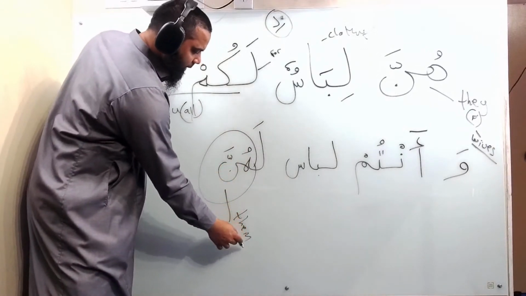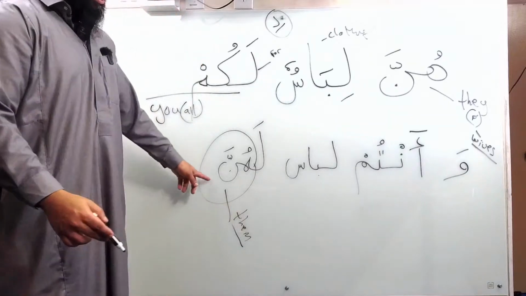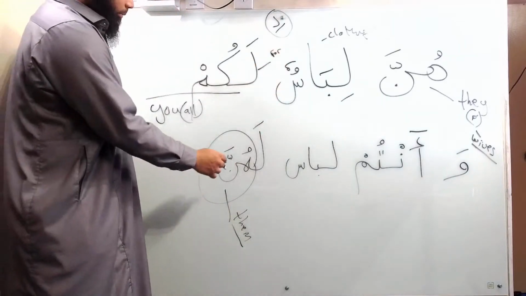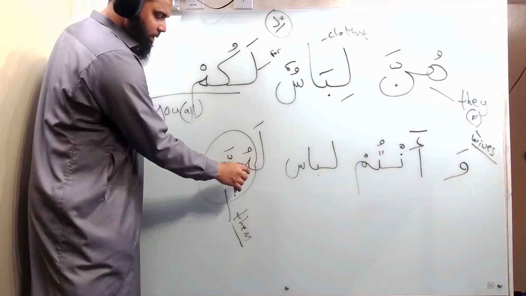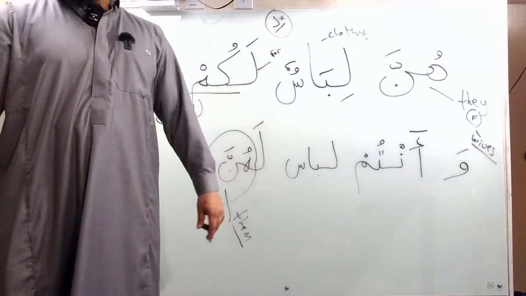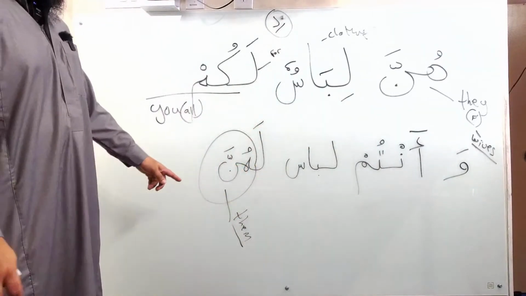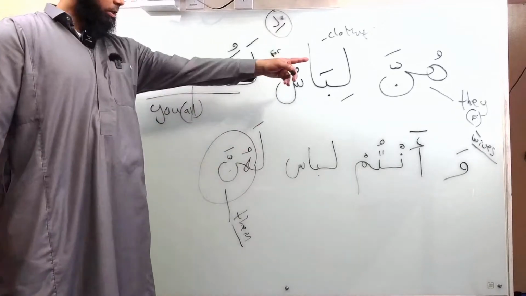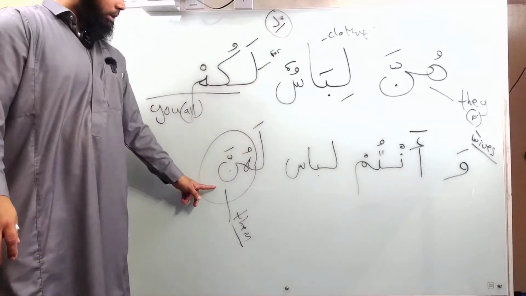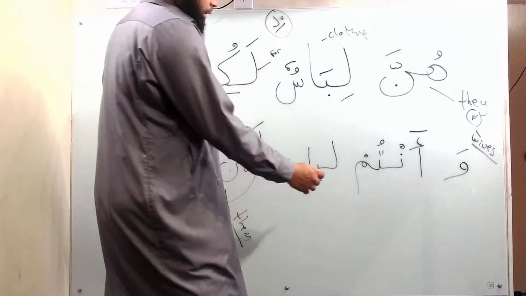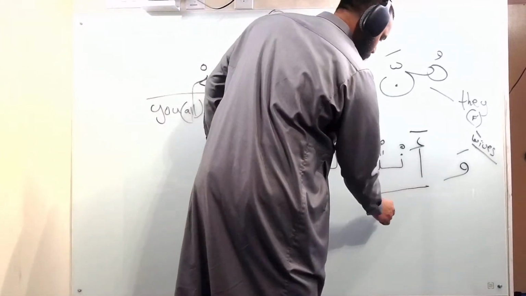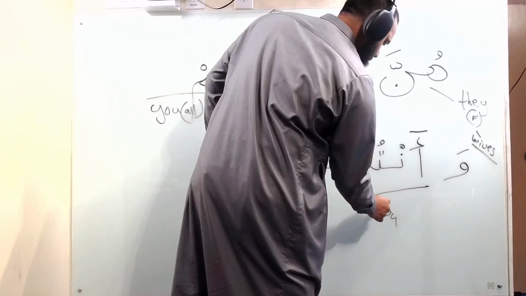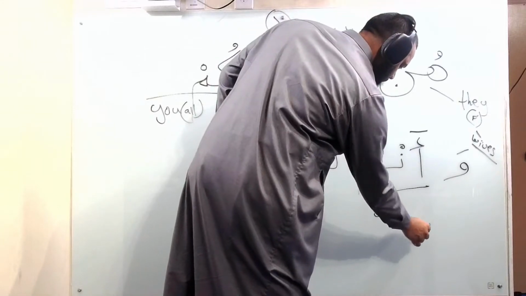Now you translate this one as them. Same wording generally, and it looks like the same spelling, but that one is they, and this one is them. And then here is antum, you all.